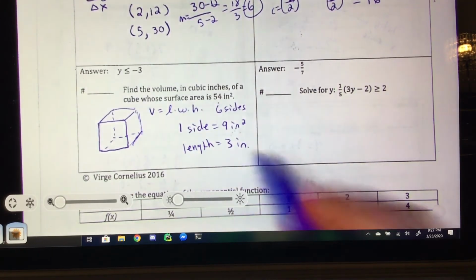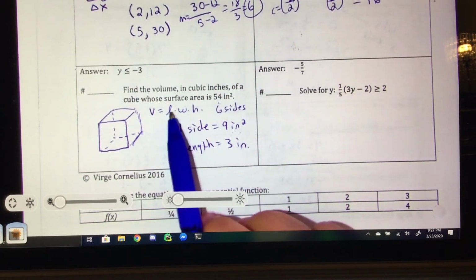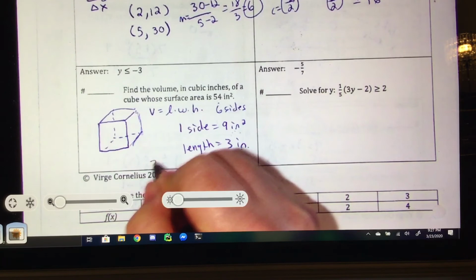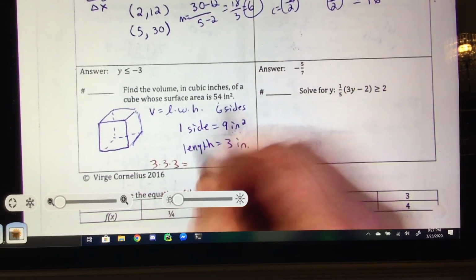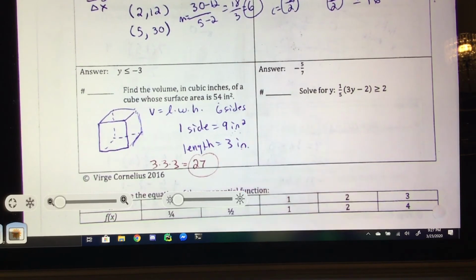So the length is 3 inches. Find the volume. Well, volume is length times width times height. That would give me 3 times 3 times 3 is 27. Okay, so there's my volume. But I kind of had to undo it a little bit to do it back up.